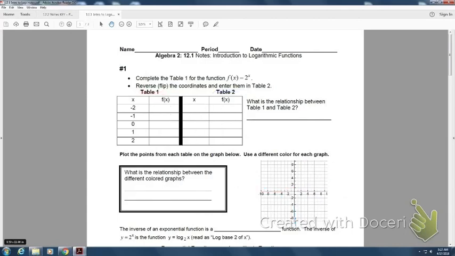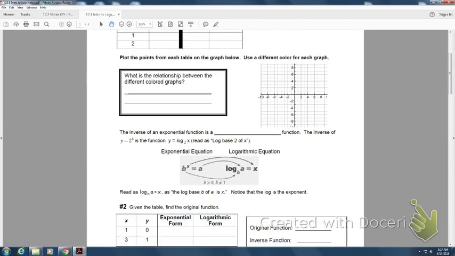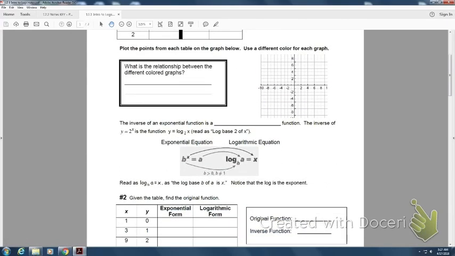Alright, going down to this little diagram right here. Let's just talk about some basic properties. So, that statement right there, the inverse of an exponential function is a logarithmic function.